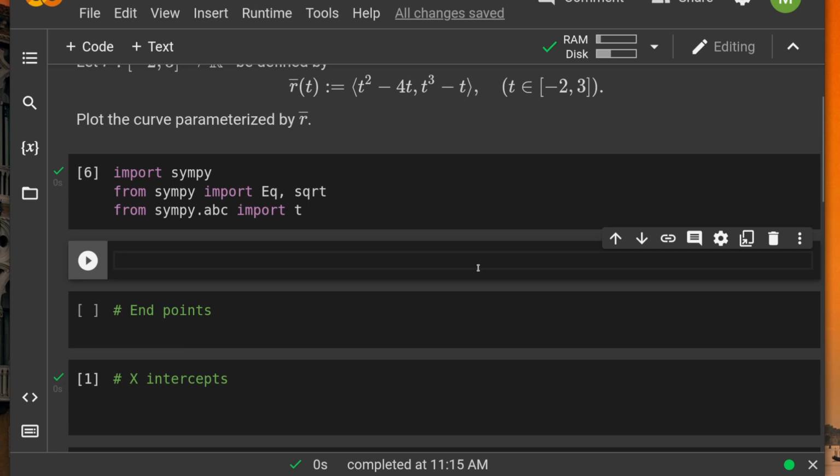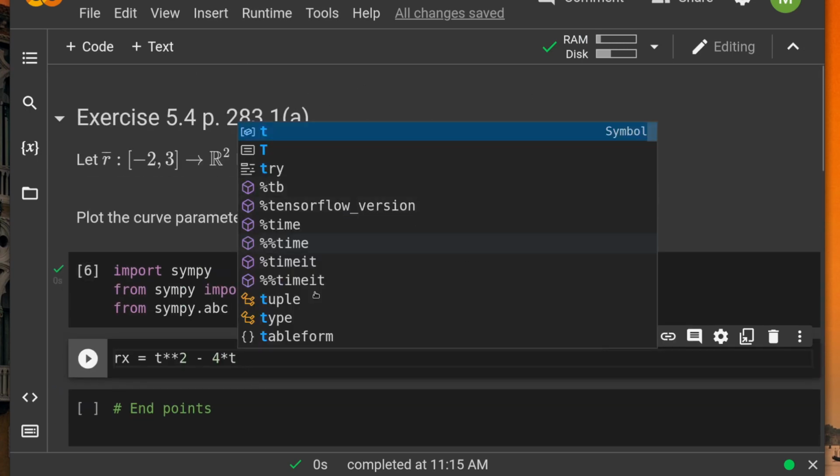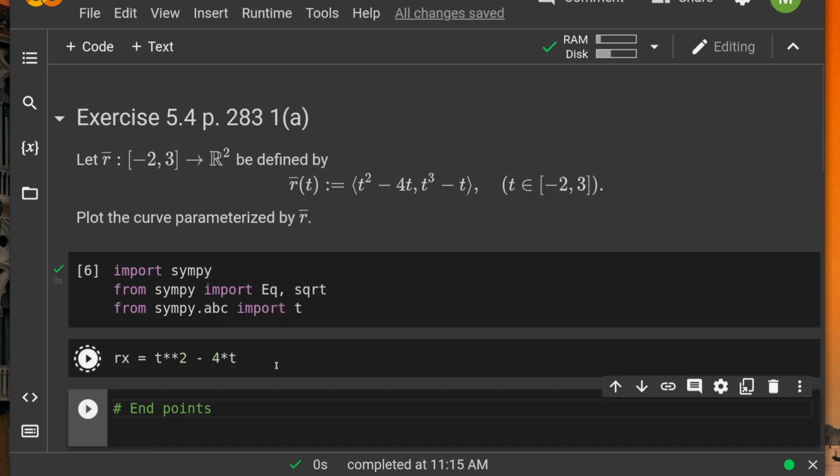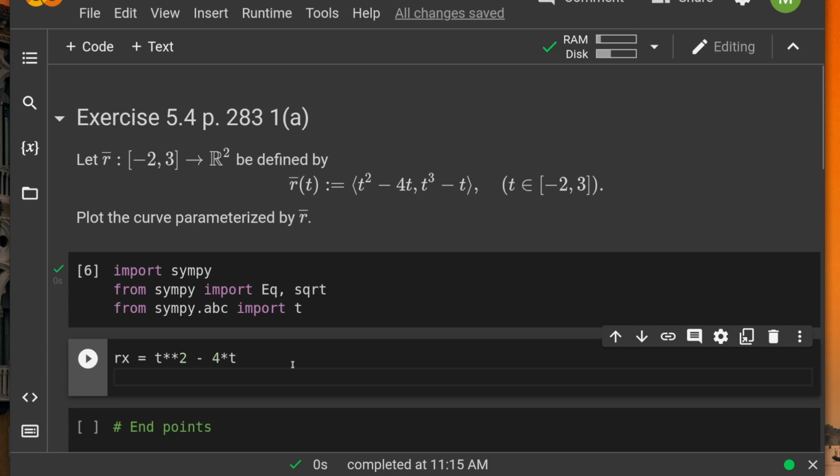Once we've got that, let us define the x component of our vector function. I'm going to store this in the variable rx, and that is t squared minus 4 times t. And for the y component, ry, that should be t to the power 3 divided by 3 minus t.